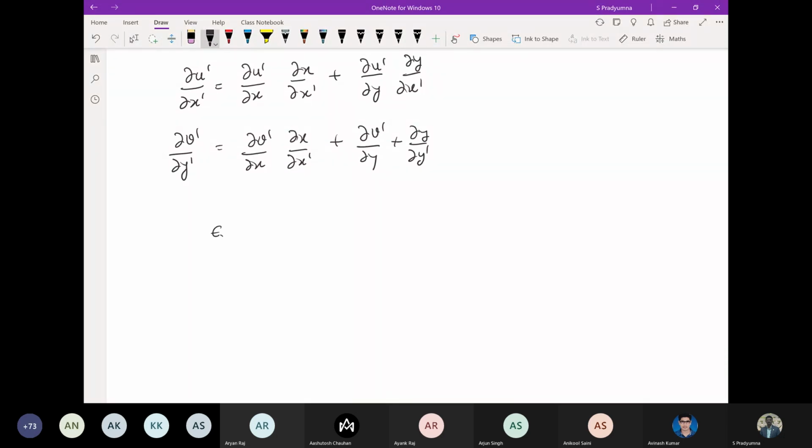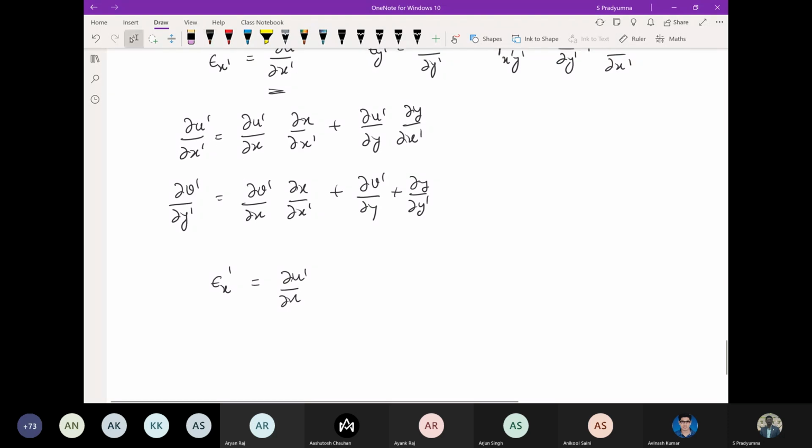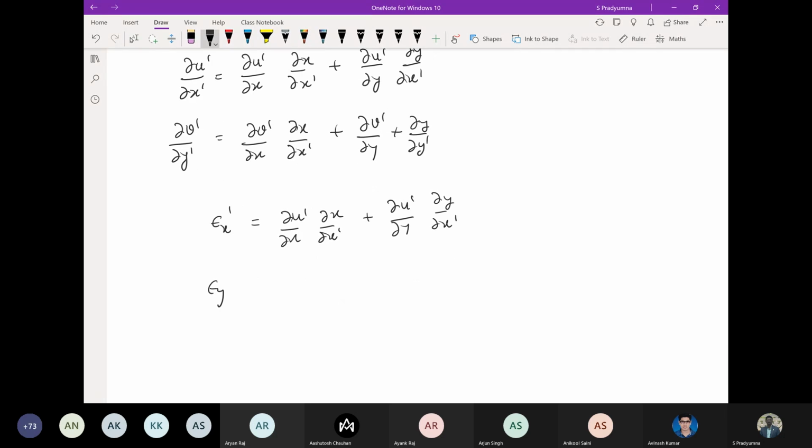I can write that epsilon x dash is equal to dou u dash by dou x into dou x by dou x dash plus dou u dash by dou y into dou y by dou x dash. Similarly, epsilon y dash, I can also extend the same kind of expressions.